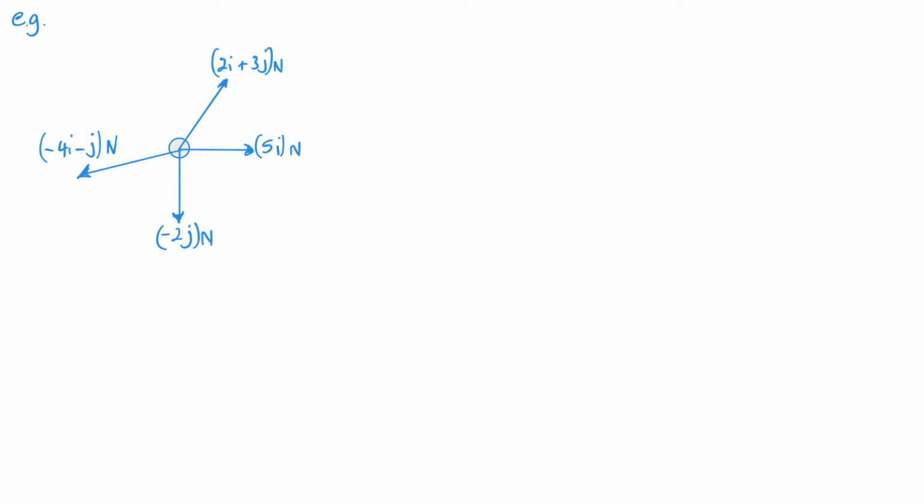Essentially that's all about adding my vectors together, adding up all my horizontal components and adding up all my vertical components. So if I look here, and I'll write these in column vector form, we've got 2i, 3j, we've got 5i and 0, we've got 0 minus 2j, and we have minus 4i minus 1j. All I've done here is just go around clockwise.